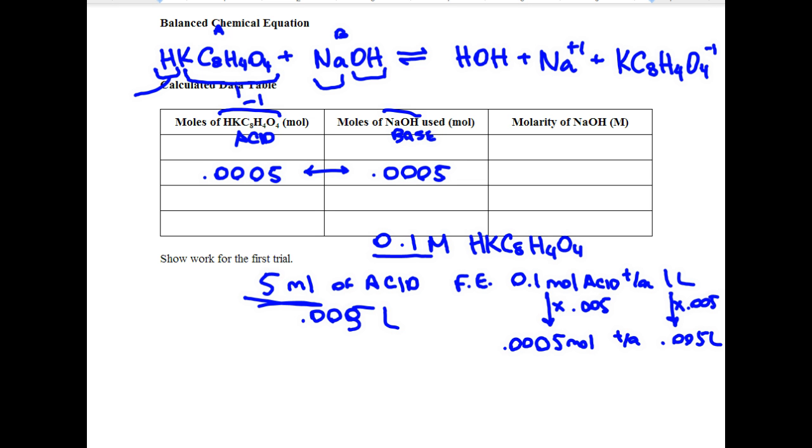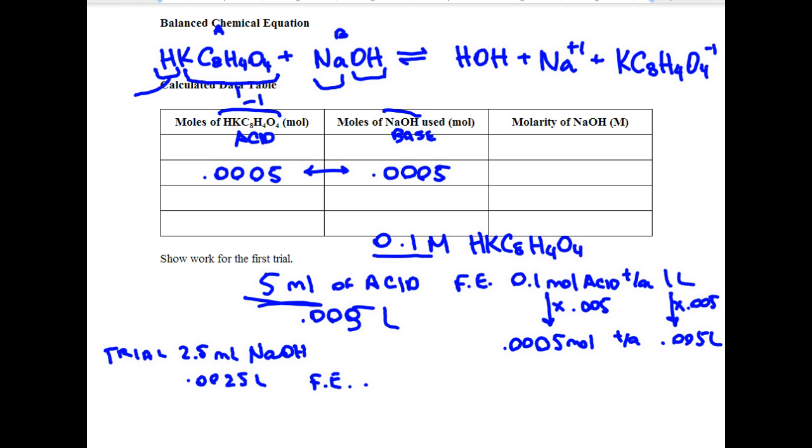So now if we know the moles of NaOH, which is 0.0005, we have to figure out the molarity. And this is going to depend on which trial we did. So remember that in trial 1, which is what we'll use right now, we used 2.5 milliliters of NaOH. This is the same thing as saying 0.0025 liters of it. So now we know the moles and we know the liters. So let's set up another for every statement.